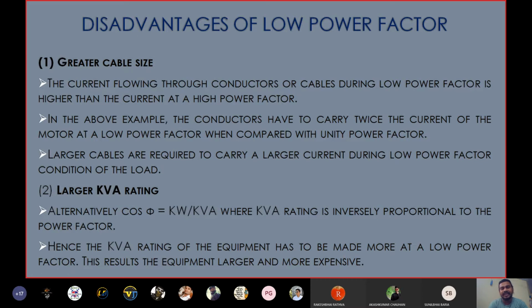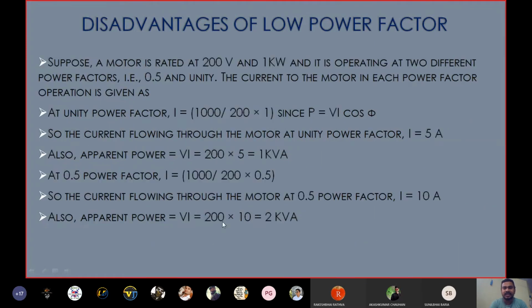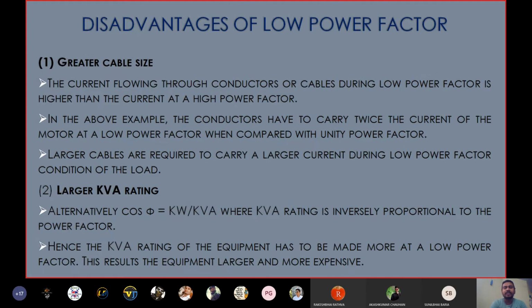If the machine operates at low power factor, the kVA rating of the machine increases. Likewise in this example, the rating is 1 kVA apparent power, and when the same machine operates at low power factor, the apparent power becomes 2 kVA. So the kVA rating of the machine increases due to the low power factor.